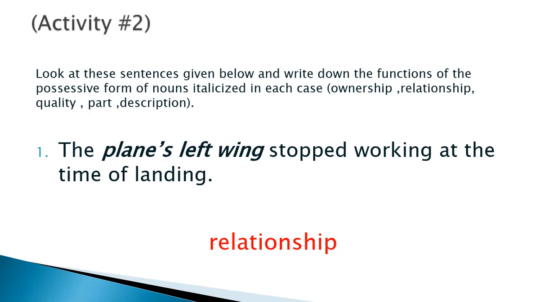Now, after coming to know about the functions of the possessive noun, we have an activity too. Look at these sentences given below and write down the functions of possessive form of nouns, italicized in each case: ownership, relationship, quality, part, and description.